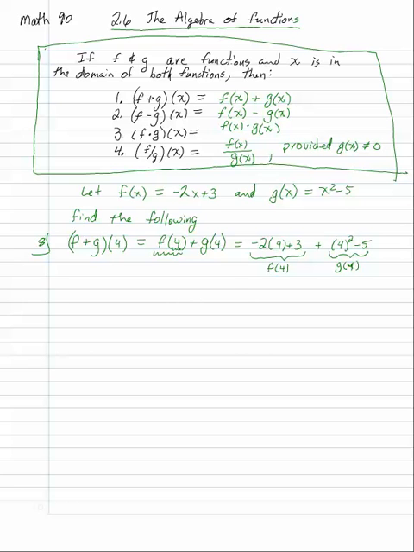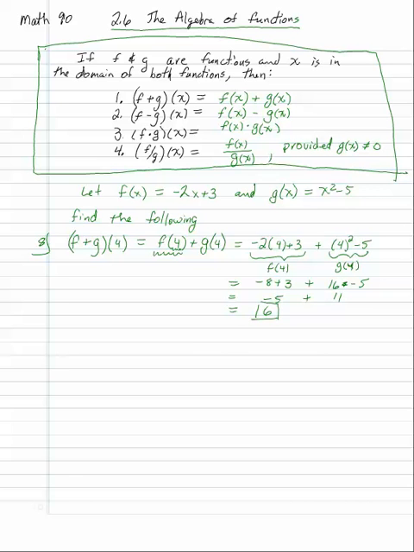So f of 4 is equal to negative 8 plus 3, which is negative 5, plus g of 4, so 4 squared, that's 16, minus 5, which is 11. Now add those together: negative 5 plus 11 is 6.